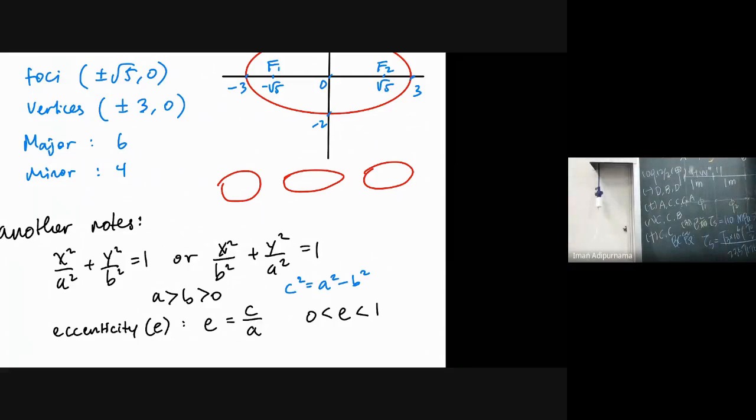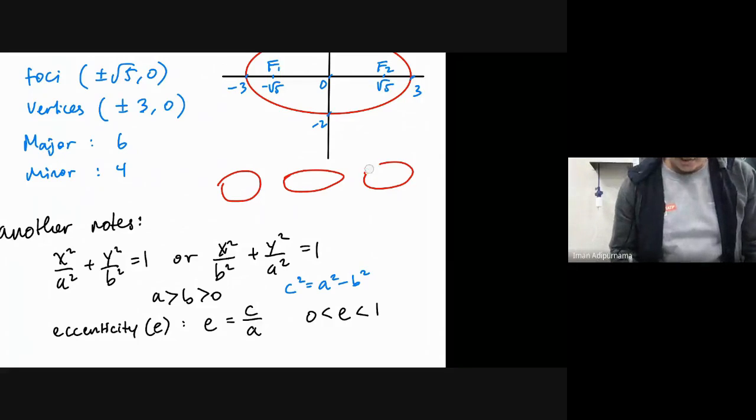The bigger the E, if your ellipse has its major axis at x, it will be more stretched. The lower the eccentricity, the more similar to a circle. The highest eccentricity will be more stretched in the x-axis.